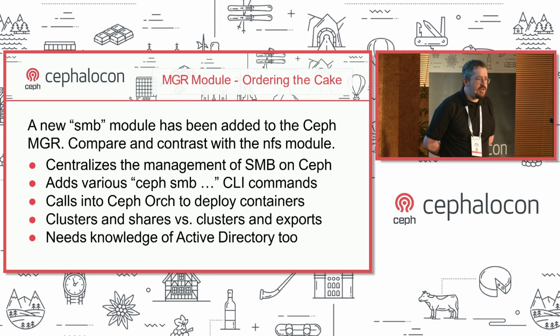There are two major concepts within the module, which is clusters and shares. Clusters is almost a direct one-to-one of the NFS cluster concept. These aren't necessarily true clusters. They're logical clusters that might consist of just one node. Shares are equivalent of NFS exports and are the primary thing that users will be accessing their data from.